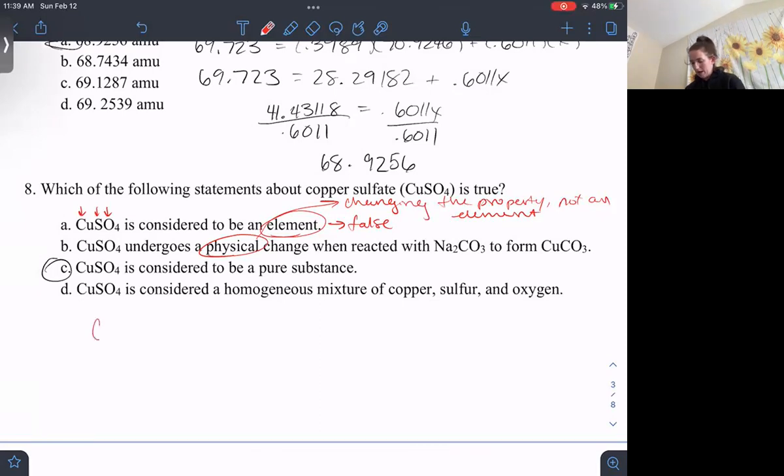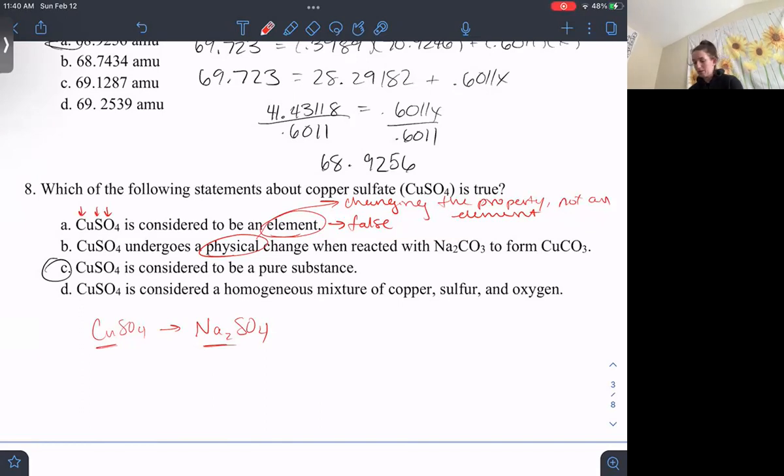While if this was copper sulfate going to sodium sulfate, an element is changing here. And so that's going to be a chemical change. This is a chemical difference between the two. They will have different chemical properties. And so this is actually a chemical change and not a physical change. Questions between the difference between the two?